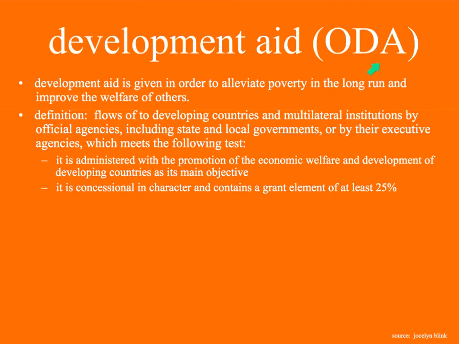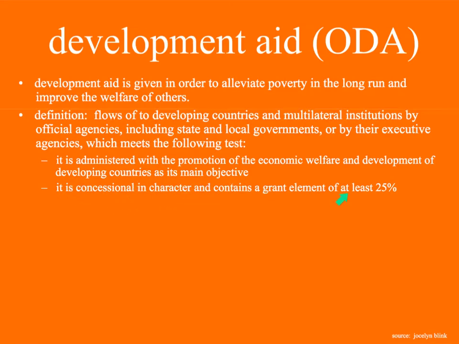The OECD's Development Assistance Committee defines ODA as flows of money to developing countries and multilateral institutions by official agencies, including state and local governments, or by their executive agencies, which meet the following test. It is administered with the promotion of economic welfare and development of developing countries as its main objective, and it's concessional in character.